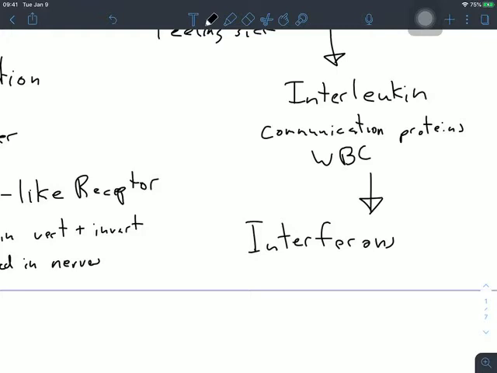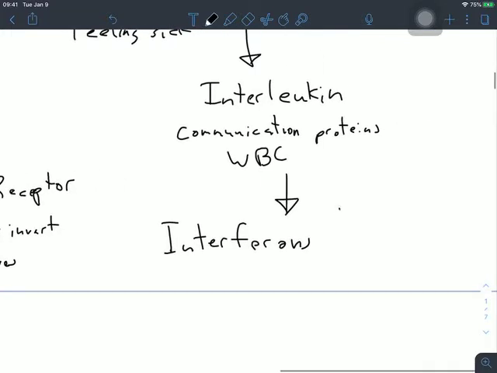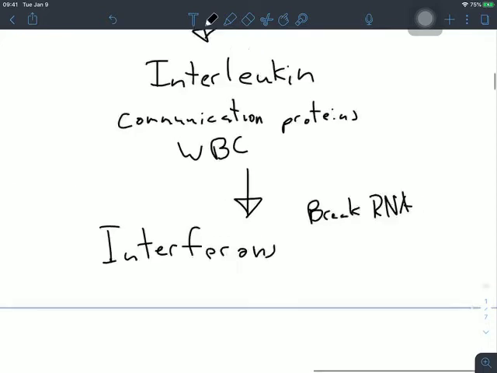But you do know that there are viruses in the midst. So interferons tell all of the neighboring cells, if you know that you're sick or if you don't know that you're sick, start breaking down your RNAs and stop protein production.